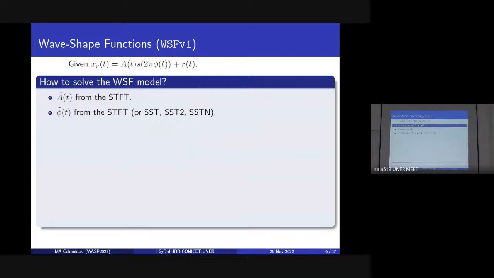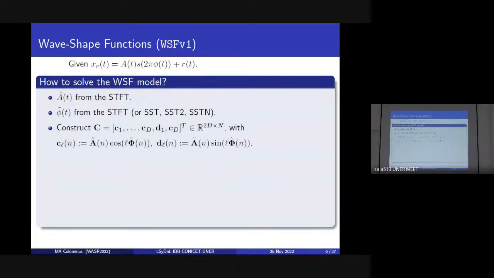I can just assume the integration constant is 0, and we will be able to solve that issue, because in the discrete time setting, we will construct this matrix C. It would be kind of like a dictionary for the signal, where we will have in the rows these AM/FM cosines and these amplitude and frequency modulated sines.